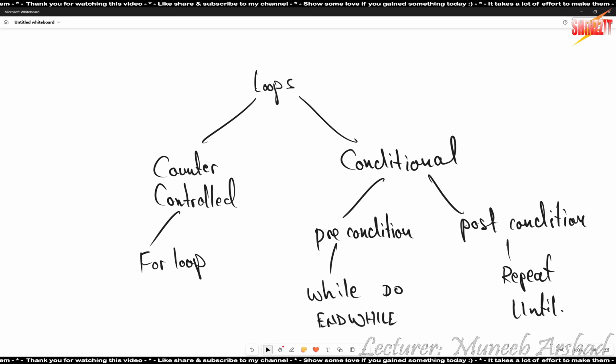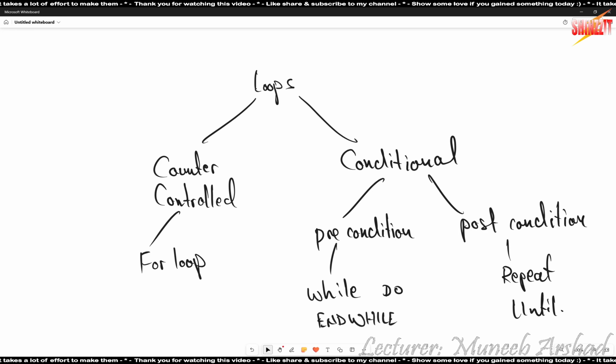So the main difference between the two is, in the while, the condition is first checked and then the instructions are processed. In the repeat loop, the instructions are processed at least once and then they are checked against a condition. So Python does not allow you to have a loop in which the condition is checked later on, in which we can say that the repeat until loop does not exist in Python.